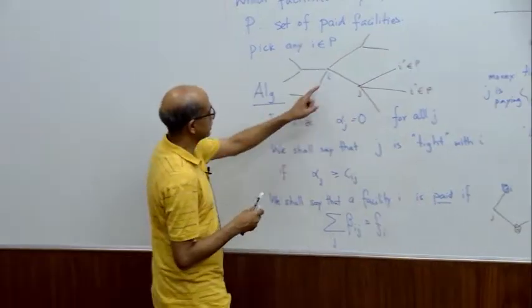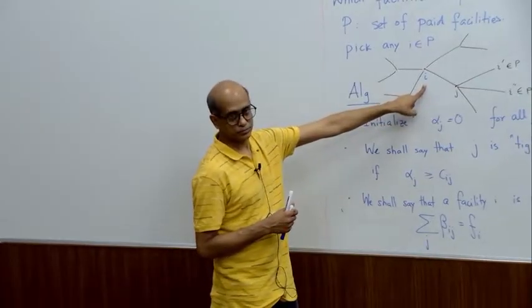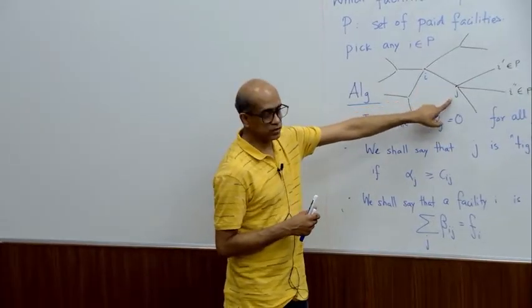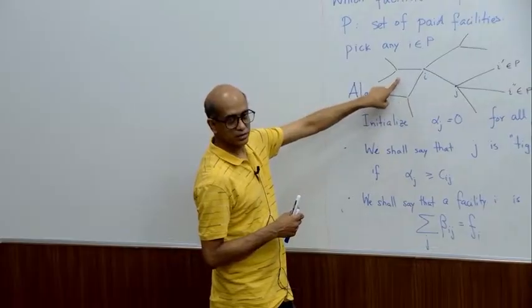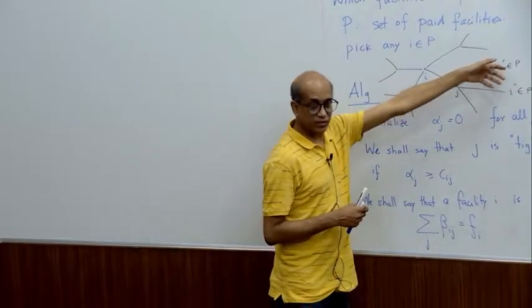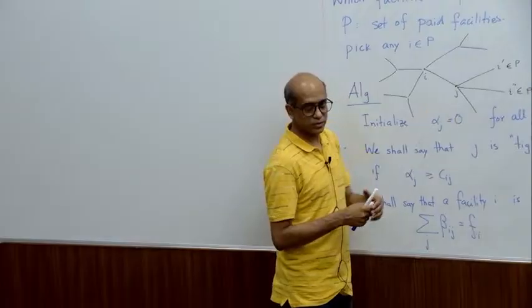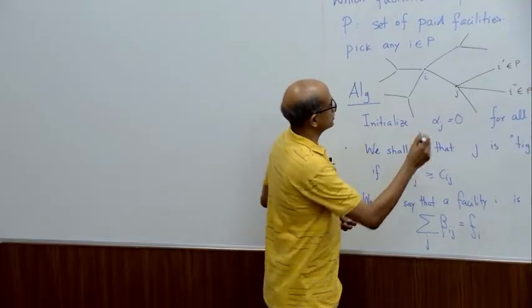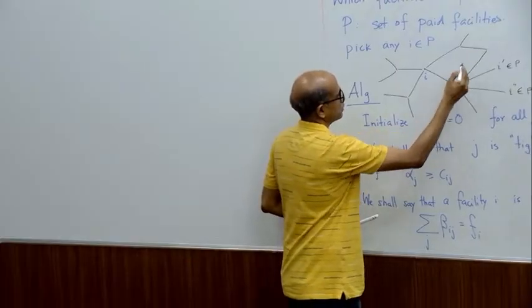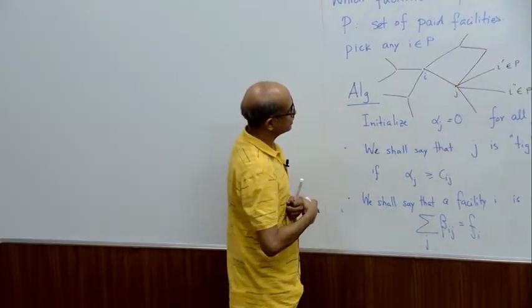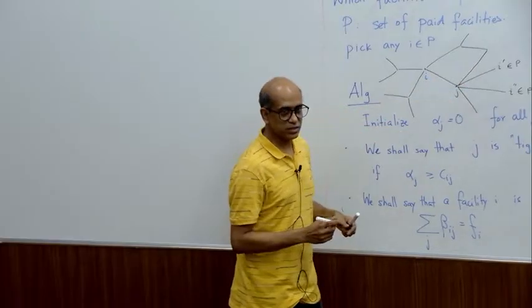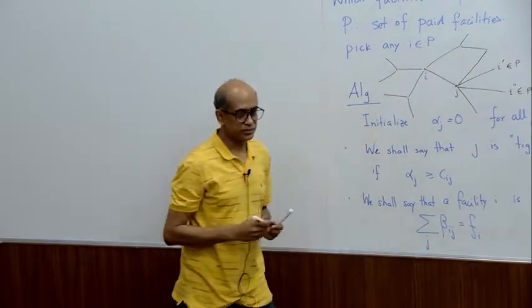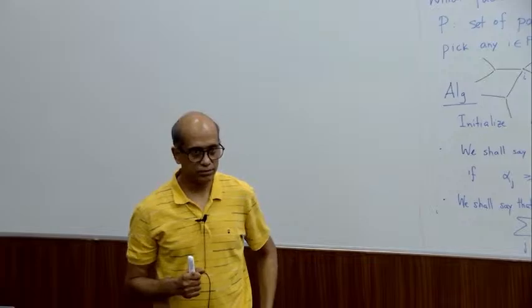So that's what we are doing here. You pick any I and look at all the demands which are tied with it, but they could be tied with other paid facilities also. So I'm sort of removing those. If this is confusing, although I'm drawing it like a tree, there could be intersections here. So far so good.